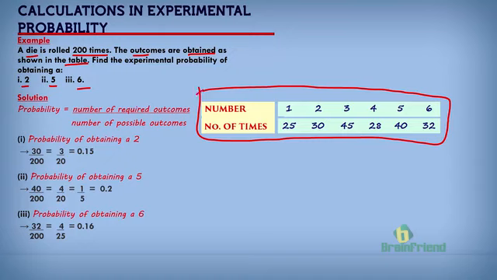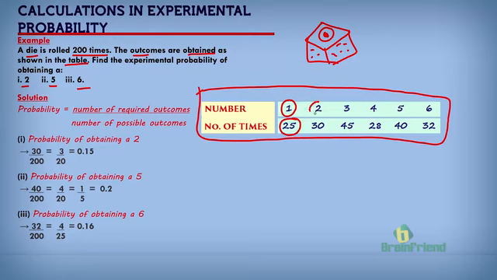Let's look at our table. So we have 1, the side of our dice showing 1, for instance. This side was found to appear 25 times. It was rolled 200 times.